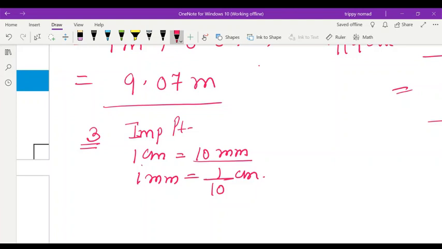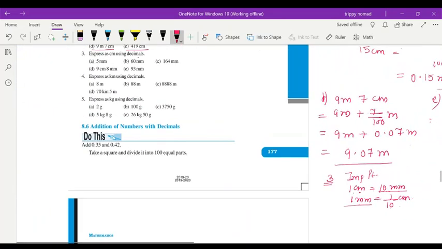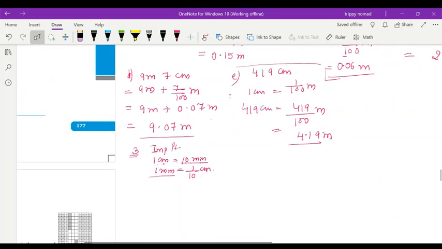So if you have to convert centimeter into millimeter, you will multiply by 10. If you are going to convert millimeter into centimeter, then you will divide by 10, or multiply by 1 by 10. In both ways I explained to you. Now 5 millimeter, question A part.